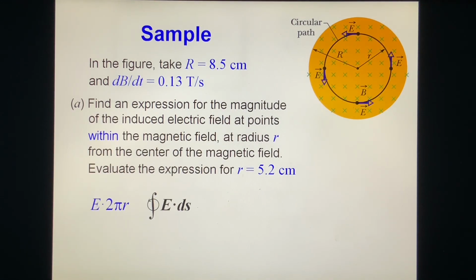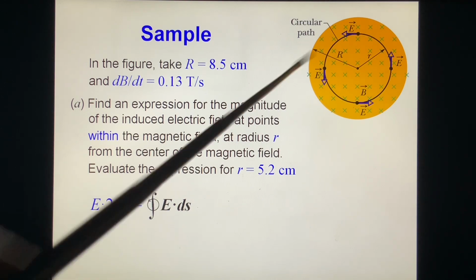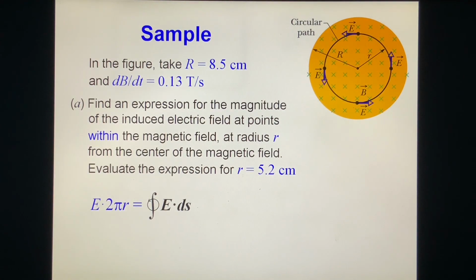Now we put in the equation. For the integral of E dot ds, by symmetry E has the same magnitude and the direction is always along the tangent. So this becomes E dot ds equal to E ds. E is constant, so take it out. The integral of ds is 2 pi r. On the other side, minus d phi by dt. What is phi?